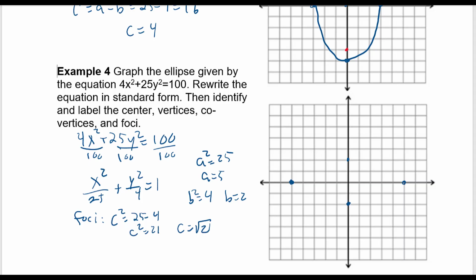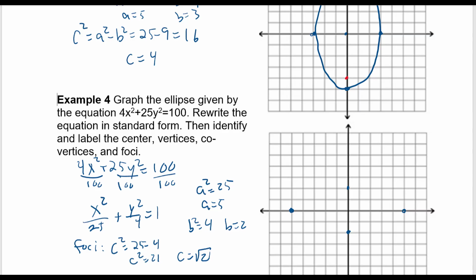And the square root of 21, let me get my calculator out. Looking at the approximation, the square root of 21 is going to be closer to the square root of 25. Square root of 21 is 4.58.